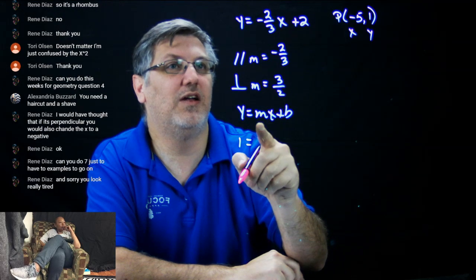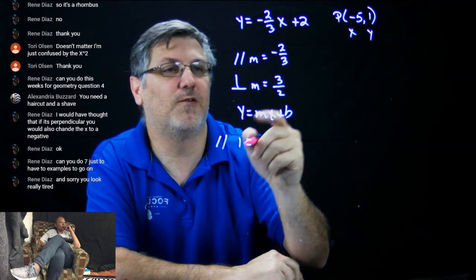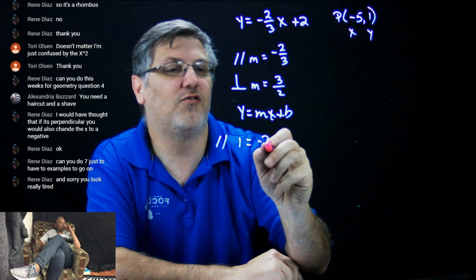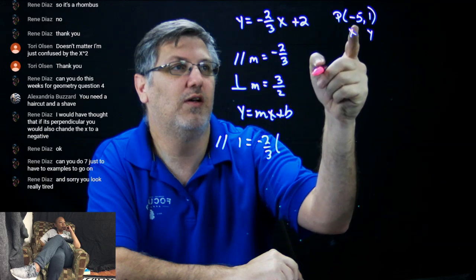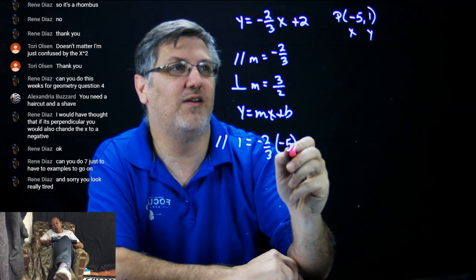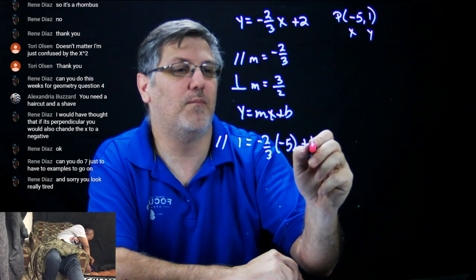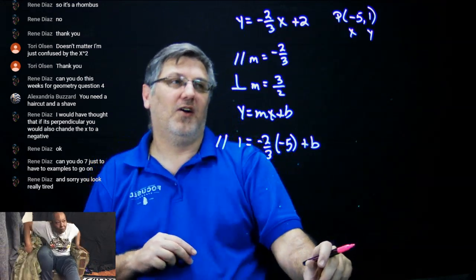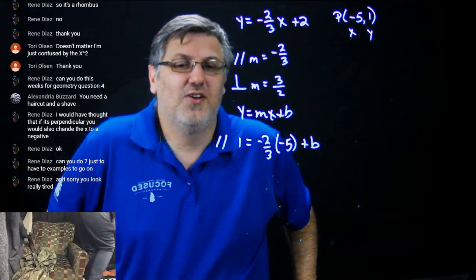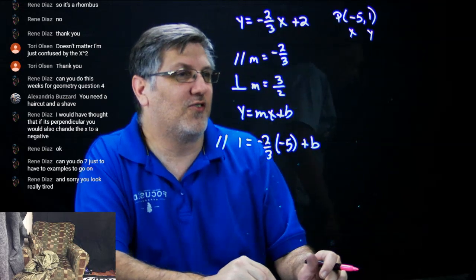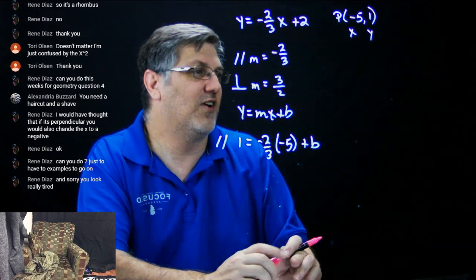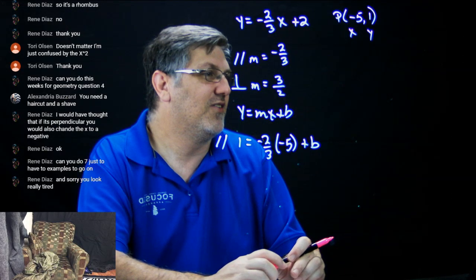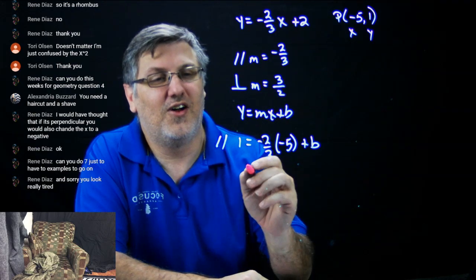My m is, let's do parallel first. My m is negative 2/3 times my x value, which is negative 5, plus b. Gotta love trying to do this with dogs, especially when it's getting close to his feeding time. Man. All right, here we go.